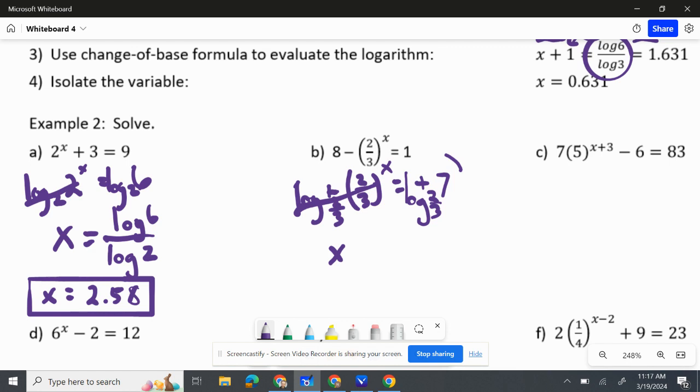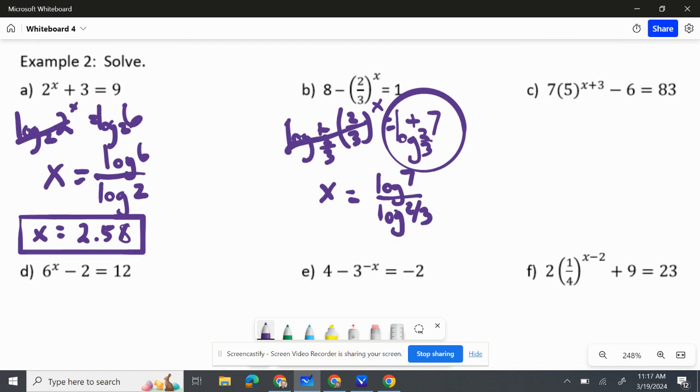I'm going to use the change of base formula, big number on top. On your calculator, you're putting log of 7. Make sure you close the parenthesis. And then you do log of 2/3. That's going to give you the answer x is equal to negative 4.80. Once again, I'm rounding to 2 decimal places.